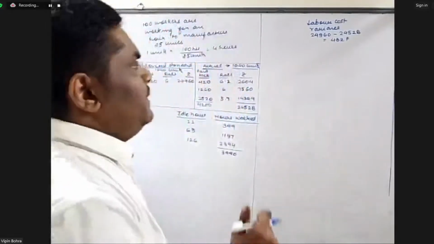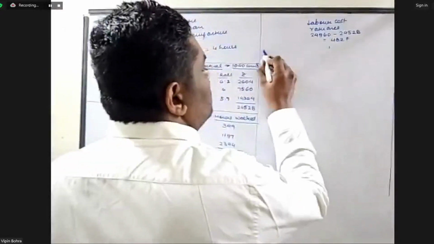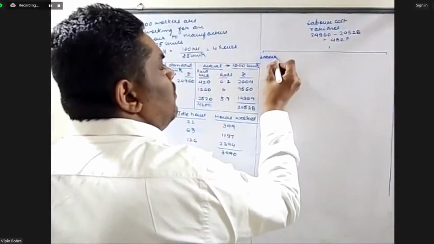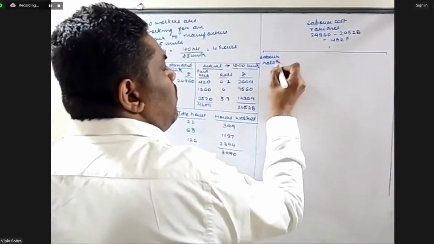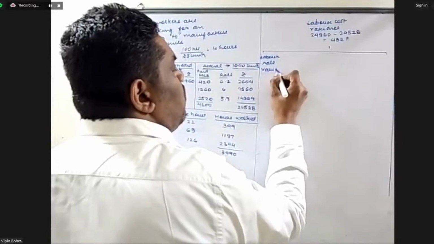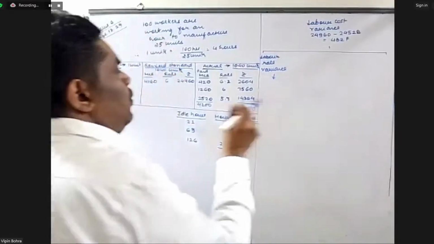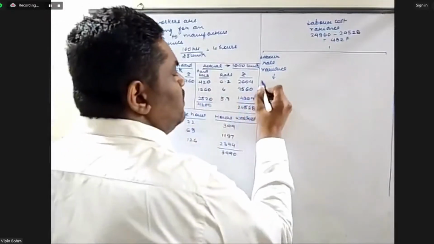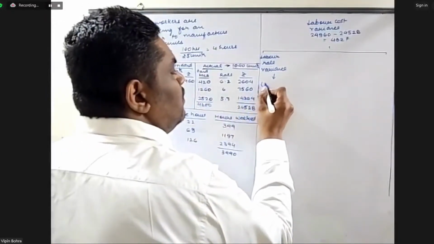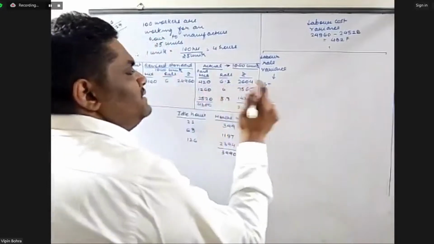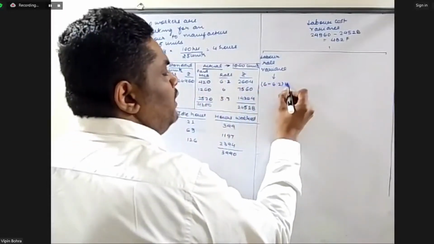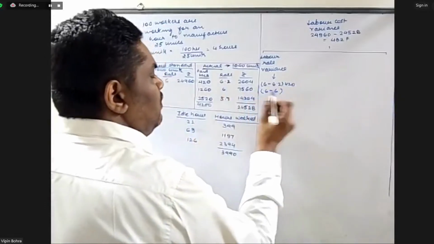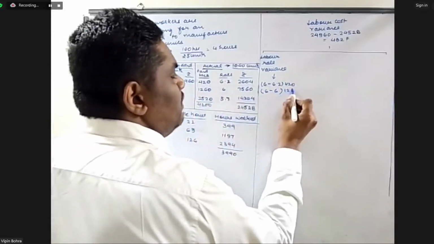Now let's start with labor rate variance. Very simple, guys. 6 minus 6.2 into 420. 6 minus 6 into 1260.